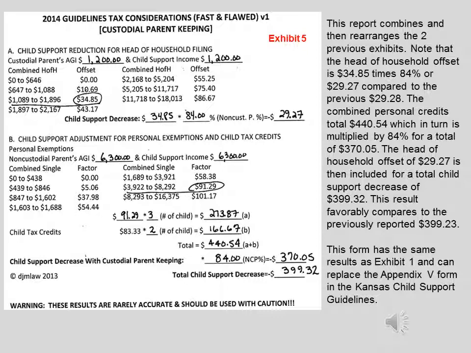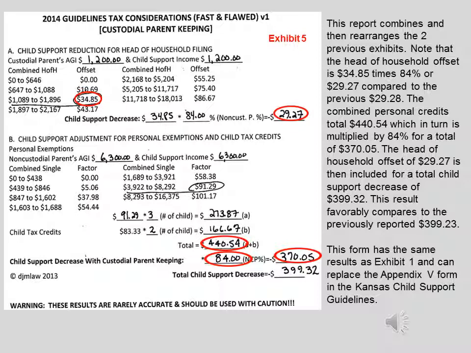This report combines and then rearranges the two previous exhibits. Note that the head of household offset is $34.85 times 84%, or $29.27 compared to the previous $29.28. The combined personal credits total $440.54, which in turn is multiplied by 84%, for a total of $370.05.